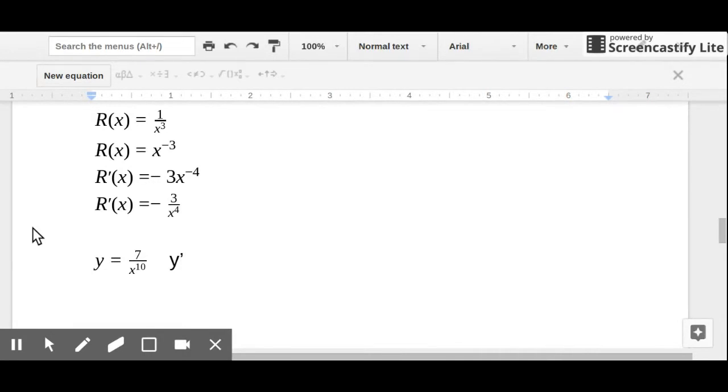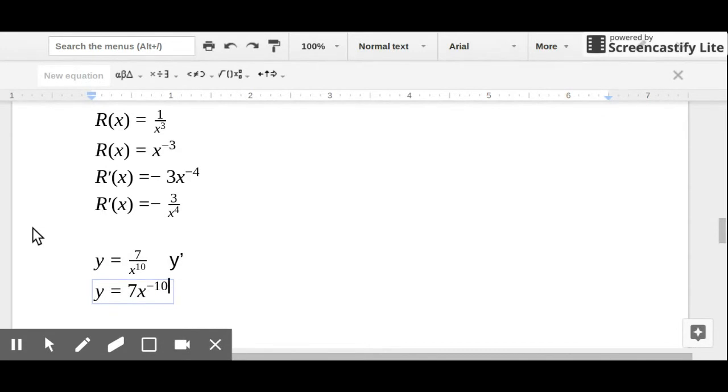But the first thing we're going to need to do here is get this into a form so we can use the power rule. So we're going to rewrite it, and that's going to make that 7x. We're going to take this up into the numerator, and that becomes a negative 10.